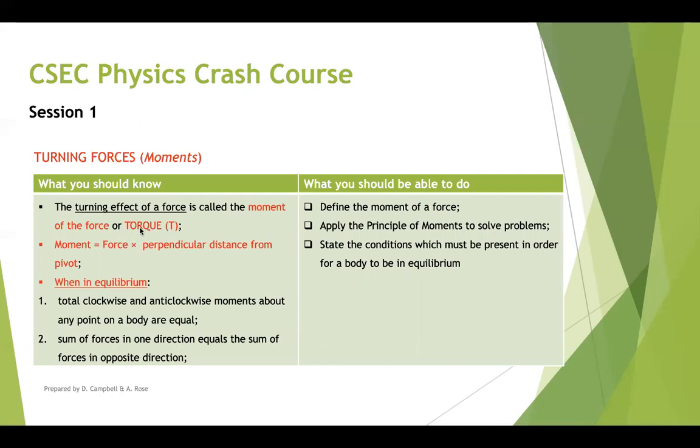So there are some times when you apply a force to an object, especially if the object is pivoted somewhere. If you apply a force on either side of the pivot, then the object is going to turn either clockwise or anti-clockwise. So we calculate moments by multiplying the force, the magnitude of the force in newtons, by the perpendicular distance from the pivot. All right.